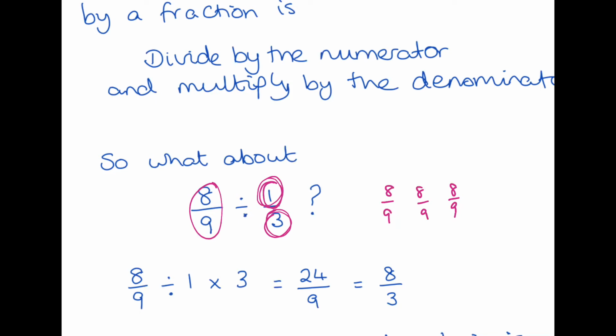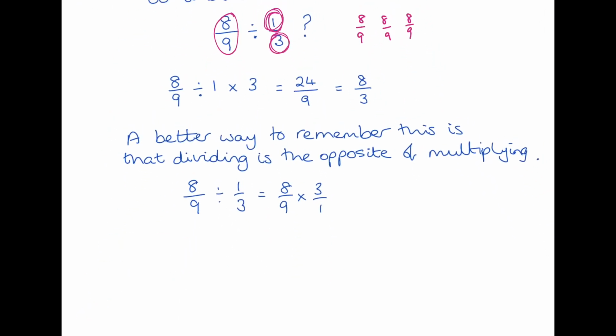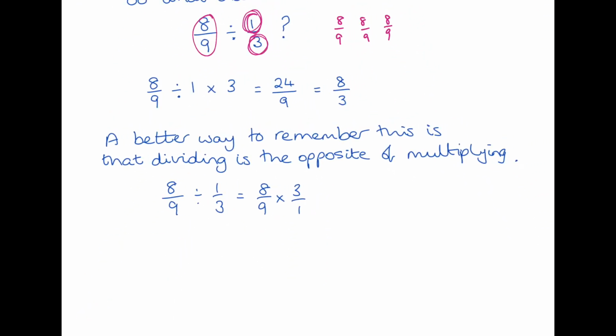Okay, now that doesn't seem particularly an easy process to go through, I don't think. So a better way to remember it is that dividing is the opposite of multiplying. So if you're doing the opposite thing, then we need a way of fixing that, okay? And the rule for dividing is this, that if you're dividing by a fraction, you turn it upside down and multiply it instead.